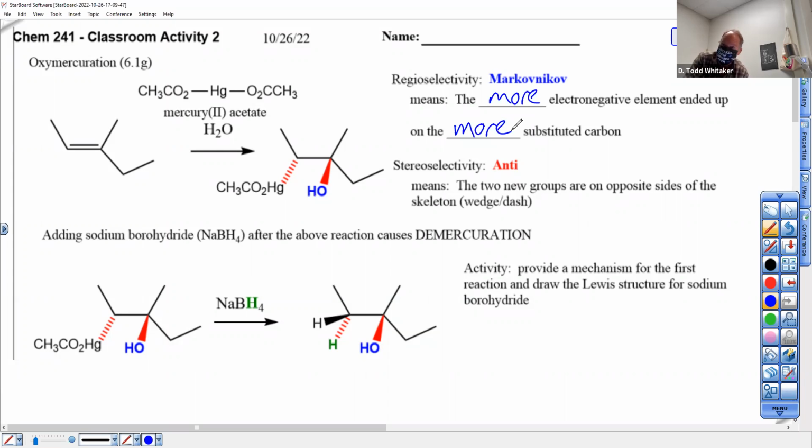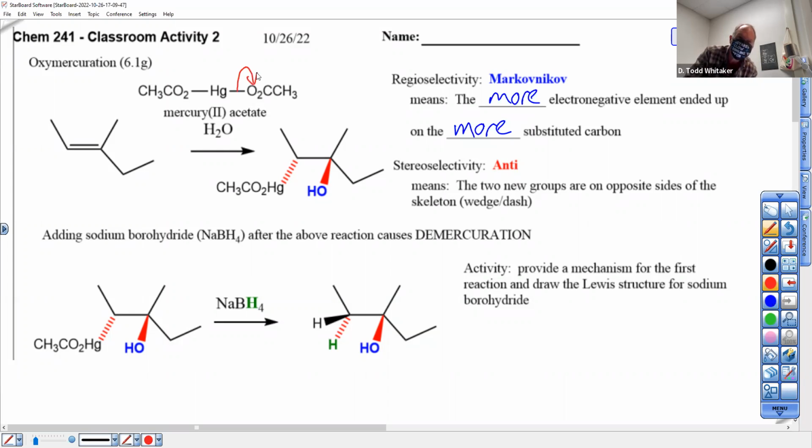So if O is bonded to something, it's more electronegative. If I have to break that bond, where do the electrons go? Towards the atom that's pulling hard on them, or the one that's not pulling hard at all? To the one that's pulling the hardest.